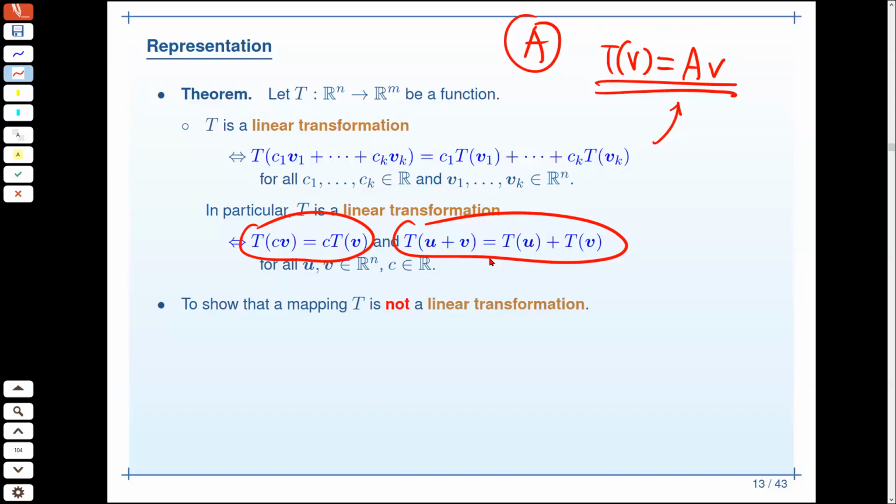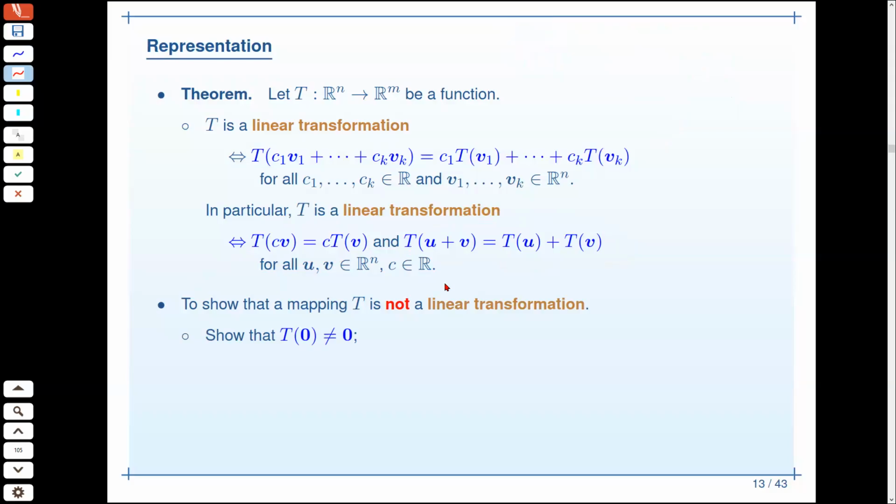Only when you show that a mapping is not a linear transformation, now you consider this. The same as for vector spaces, of course T will send 0 to 0, although it is not included, but you can verify easily.